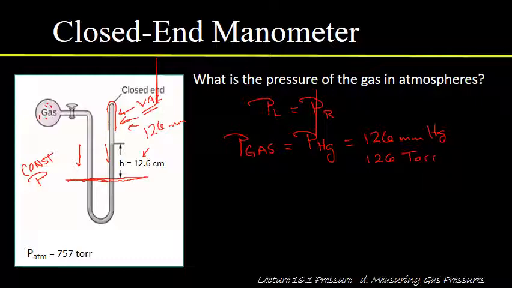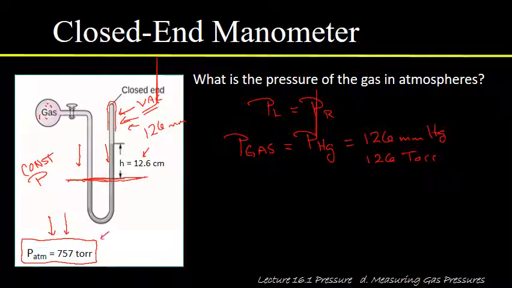Okay. All right, notice a couple of things. One is that in this problem, atmospheric pressure was given to you down here. Sometimes it'll say it right in the problem: atmospheric pressure is 757 torr. That is a red herring.